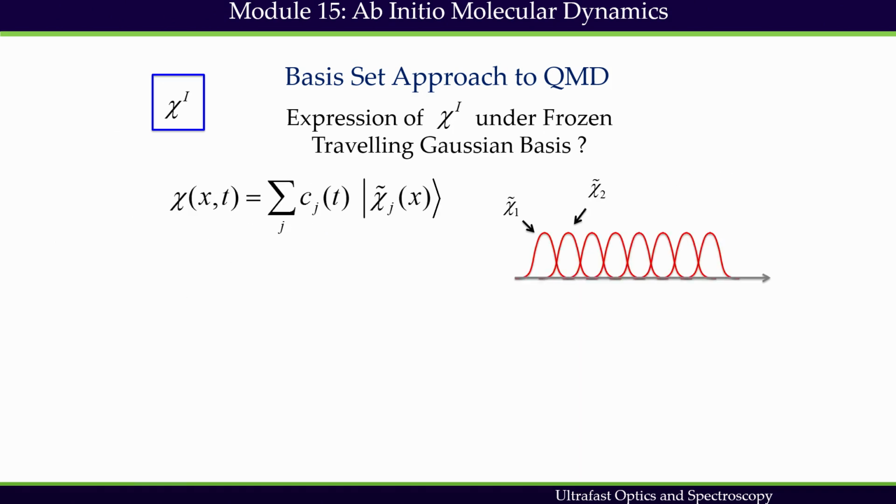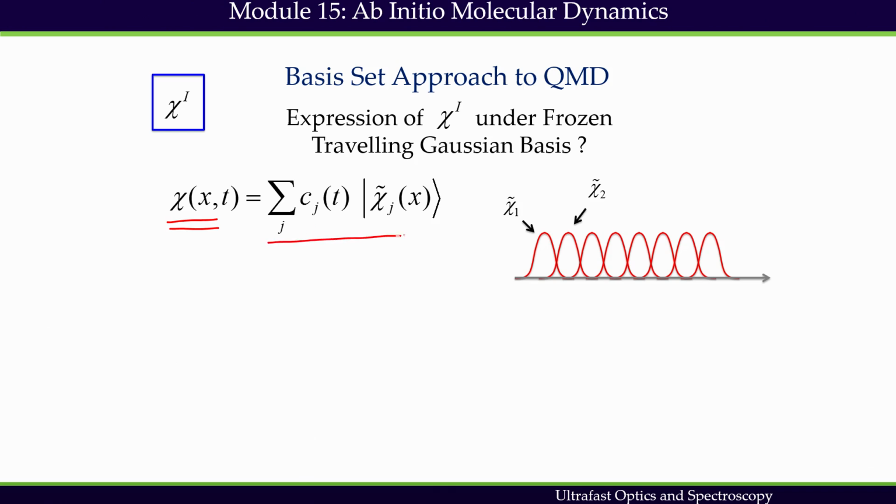To develop a basic understanding, instead of N atoms, one can stick to one atom for the time being, and one can also assume a one-dimensional problem. We also assume that we have no electrons. We are just trying to play with the nuclear wave function. The nuclear wave function will depend on space and time, x and t, which can be expressed as a linear combination of many trajectories.